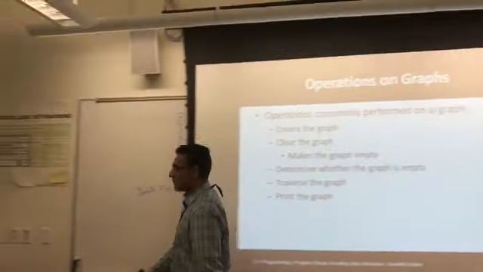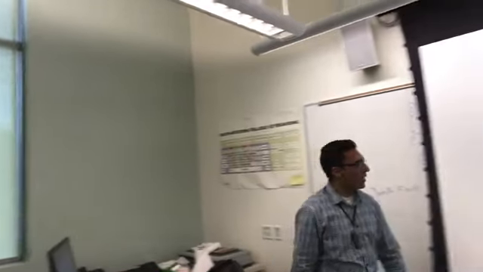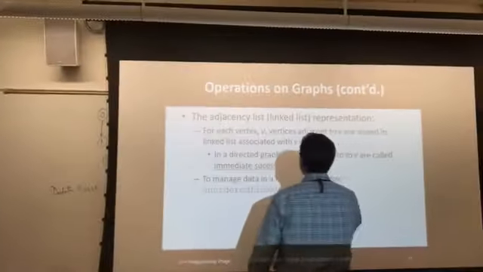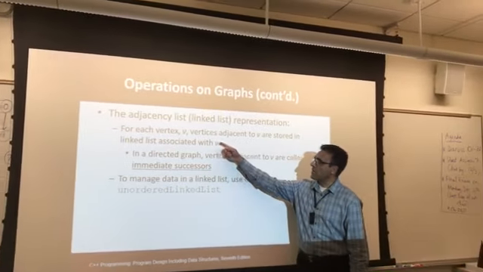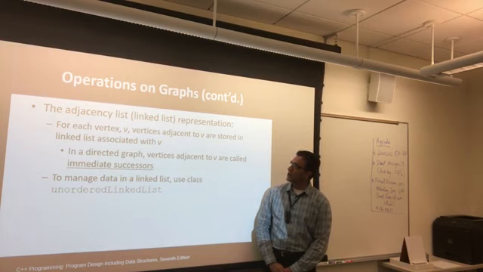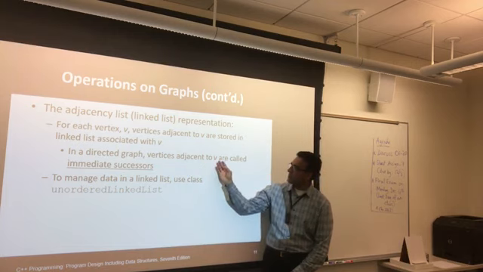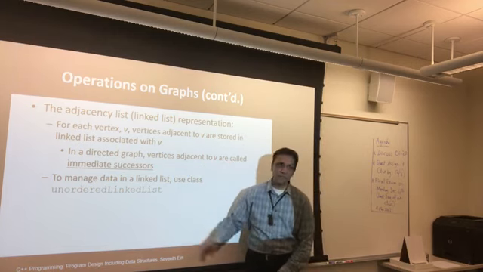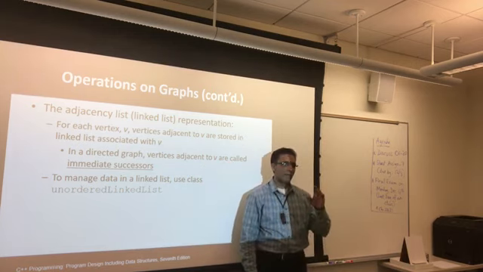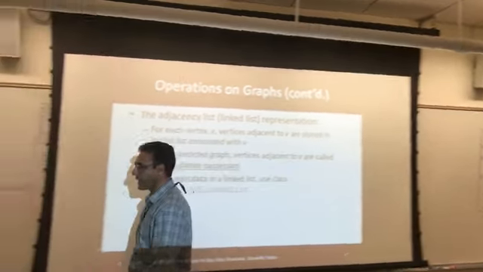Few other operations we'll look into as well. For linked lists, the vertices that are right next to or adjacent to each other are stored in memory. We looked at it earlier. In a directed graph, vertices adjacent to V are called immediate successors. Let's look at the graph itself.